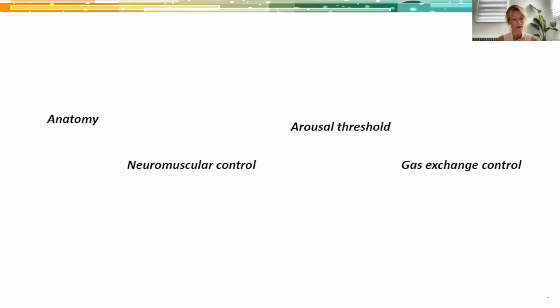But it could be a result of a disconnect in the neuromuscular control. So basically, our brain and our muscles are not working together to keep the airway patent. Now, it could be arousal threshold issues for our brain, where in some cases, our oxygen levels go down, but the brain is not waking us up.